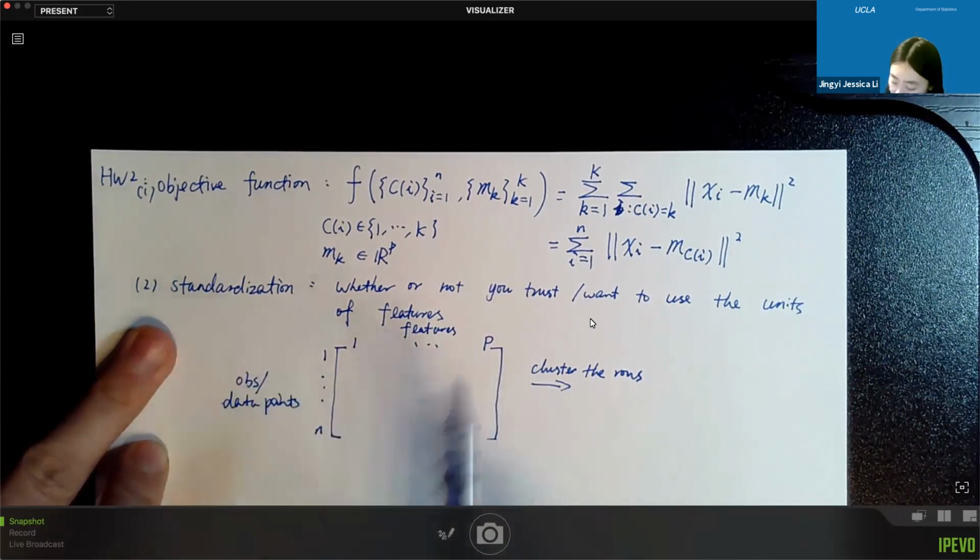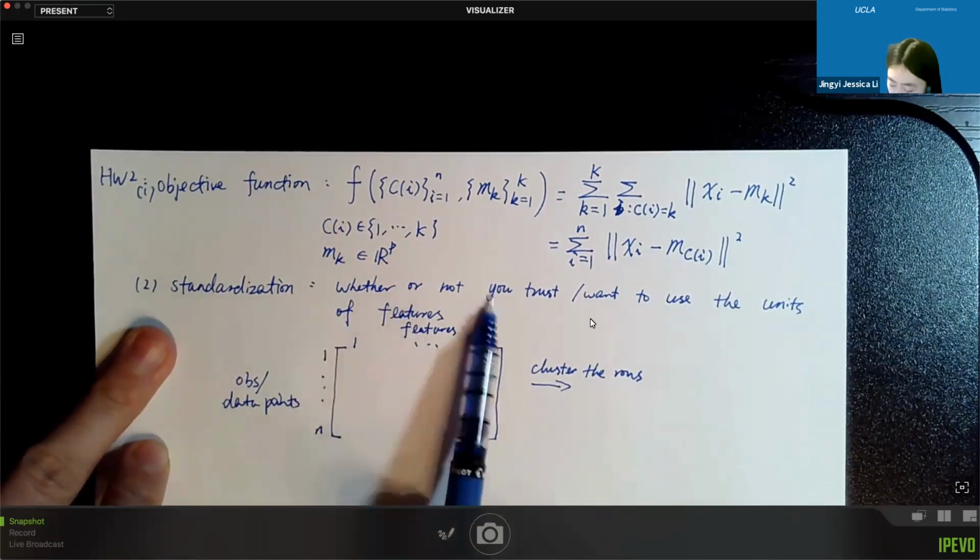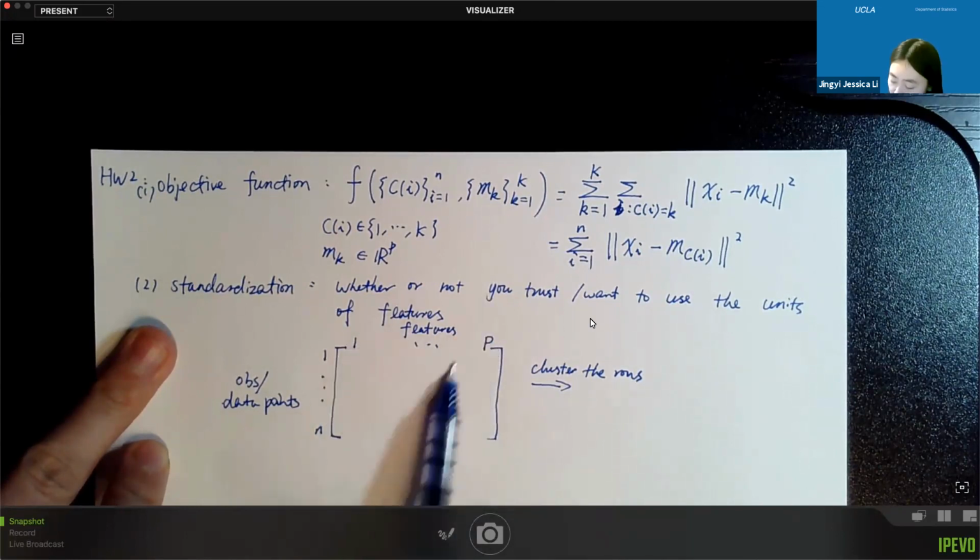So in that case, they have the same unit. So you don't really have a strong motivation to say, I don't trust my unit. I want to make every gene have the same range. That's one way of standardization. Or I want to make every gene centered at 0 with standard deviation 1. That's another way of doing standardization. So you need a justification to make that standardization.